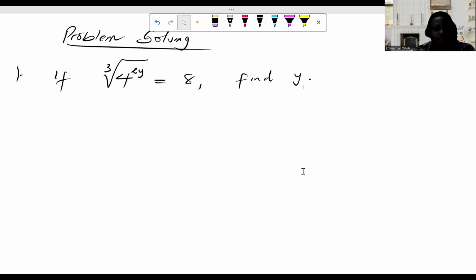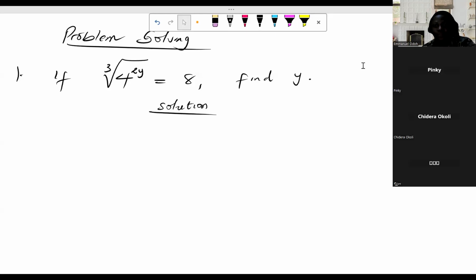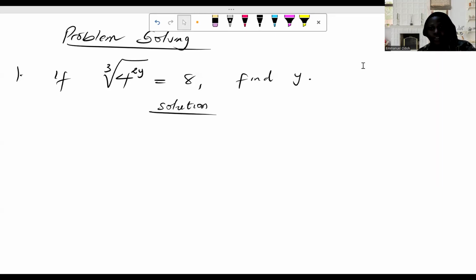Let me hear from someone. What's the best approach we can use to solve this problem? Anybody? Just unmute yourself and talk. How do we solve that question? What's the first approach to use?